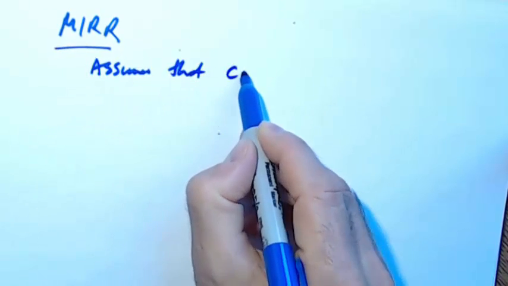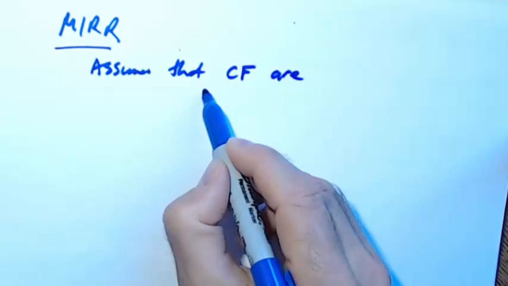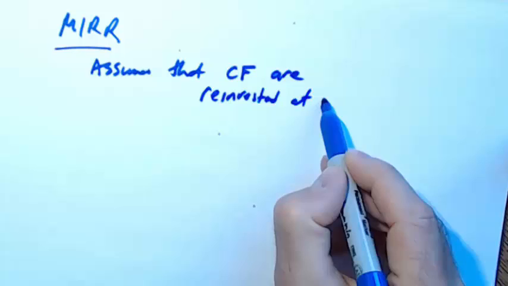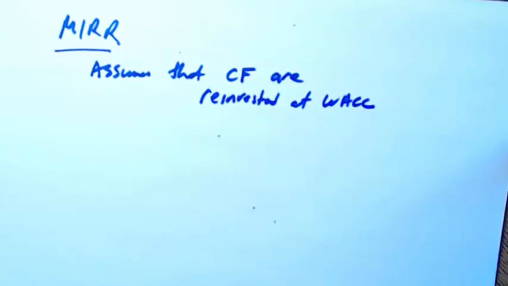And let me set it up now to talk about that. So we know there's the problem with internal rate of return and reinvestment assumptions. The modified internal rate of return tries to fix that problem, and it assumes that cash flows are reinvested at the weighted average cost of capital.